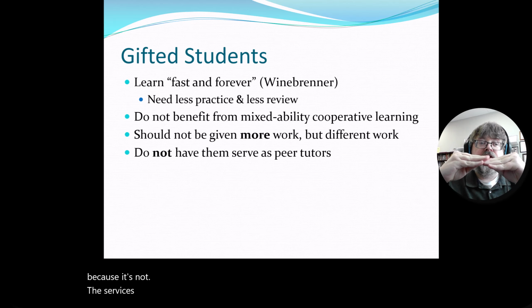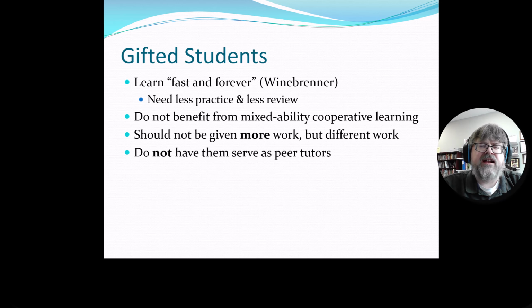A gifted learner is so far above their peers that they aren't capable of explaining it to them. Many of you have had a college professor or even a teacher in school who was like this, who knew their content really, really well, but was just incapable of explaining it to you as a student.